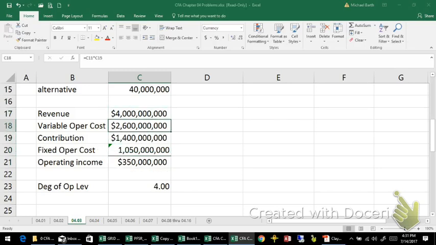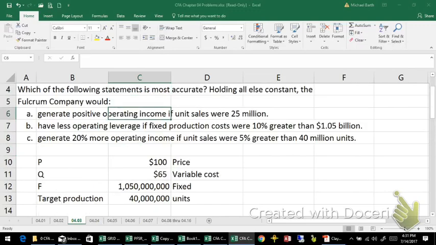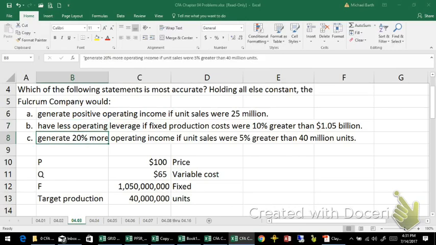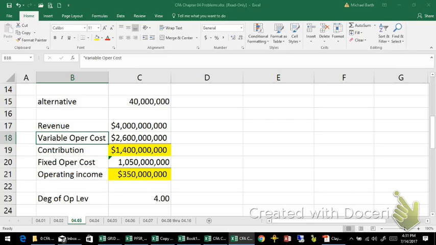The degree of operating leverage is that number divided by that number: the amount before the fixed cost divided by the amount after the fixed cost. Now, question B: would they have less operating leverage if fixed production costs were 10% greater? The higher the fixed production costs, the greater the degree of leverage.